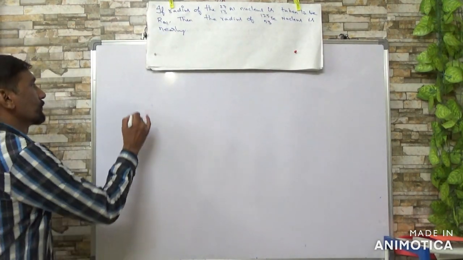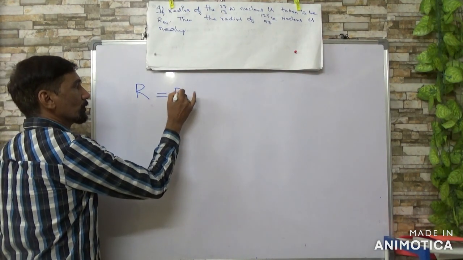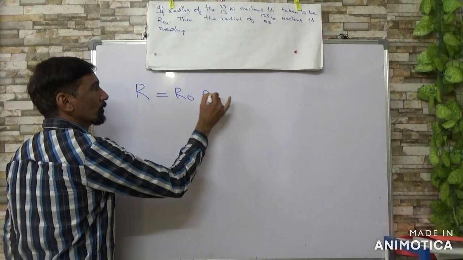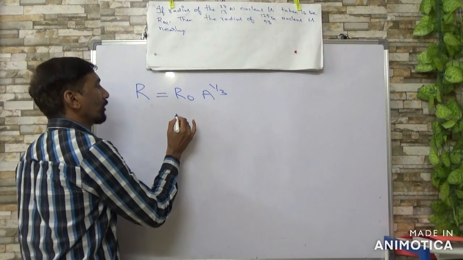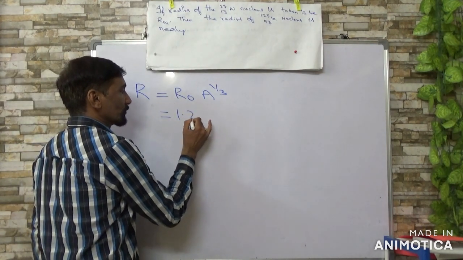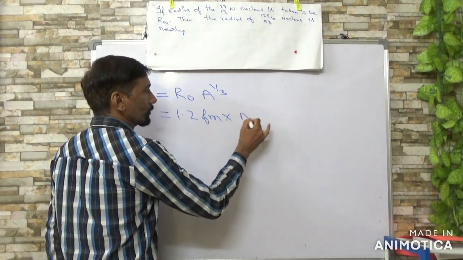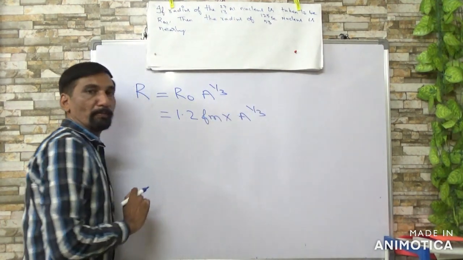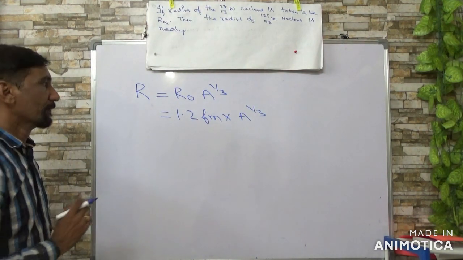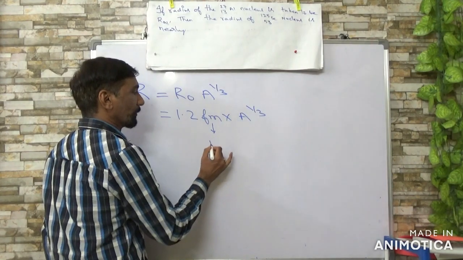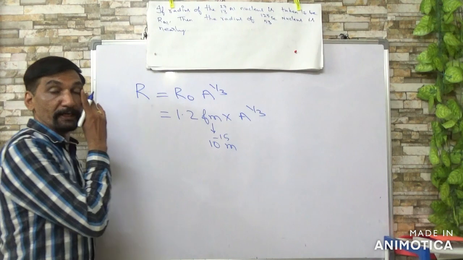So radius of nucleus is equal to R naught into A power 1 by 3, where R naught value is 1.2 Fermi, where A is the mass number, and remember 1 Fermi equal to 10 power minus 15 meter.